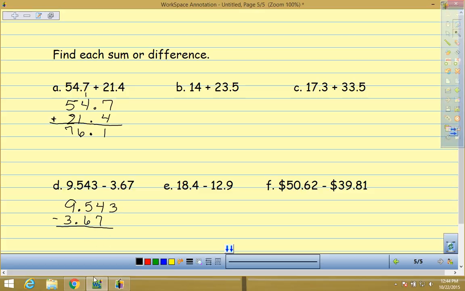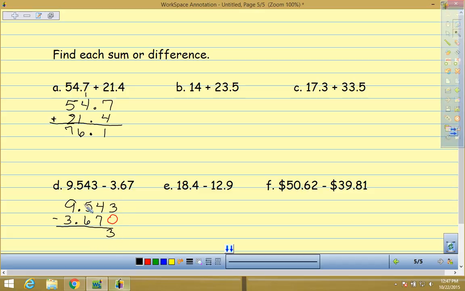Good job. Okay, I want to do something to this one to help me out. What do I want to do? Add the 0. I'm going to add that 0 where? To the thousandths place. We're going to put that 0 right there in the thousandths place of the second number, so that way they're all lined up and it's pretty and works for me. Okay, 3 minus 0. So 3. Can I take 7 from 4?